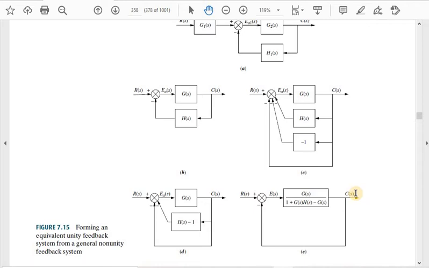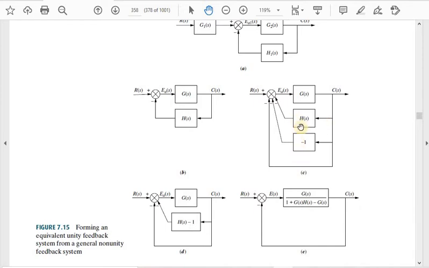A non-unity feedback we have to convert into a unity feedback. How do we do that? Simply, if this is not a unity feedback, you introduce two loops, one with a gain of minus 1, the other with 1, with a minus sign here. Then you know that these two are in parallel, so you can write H(s) minus 1.